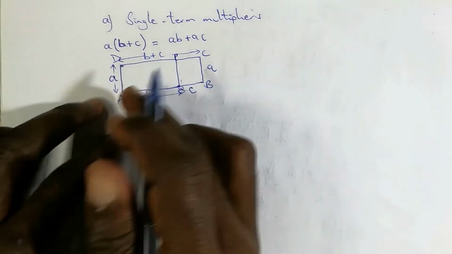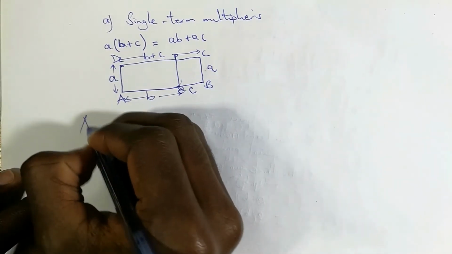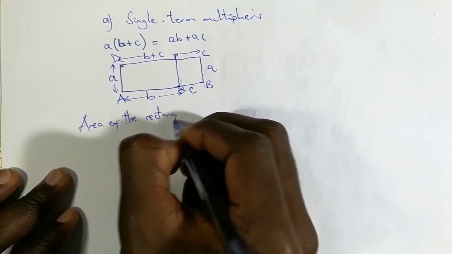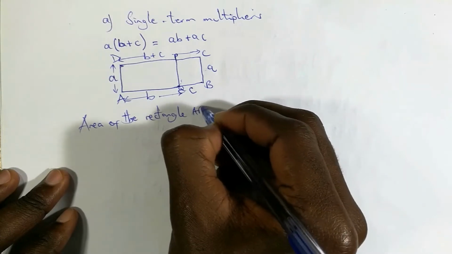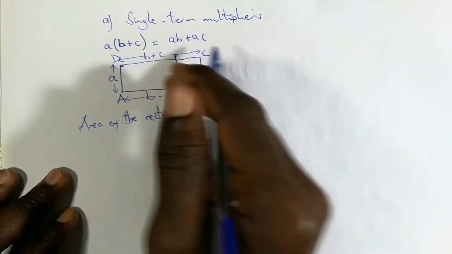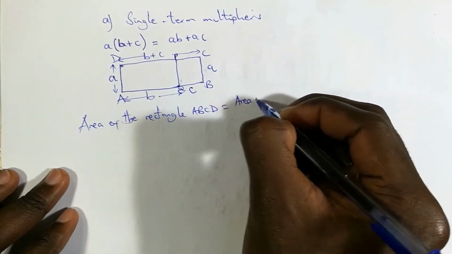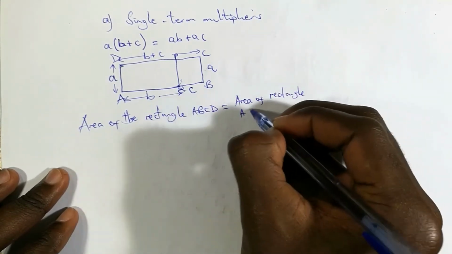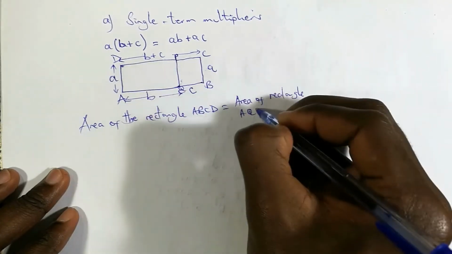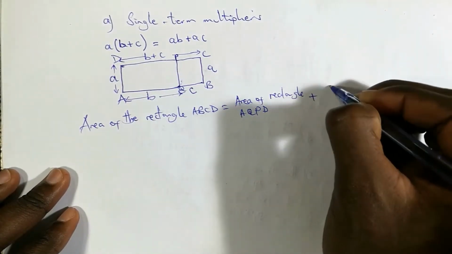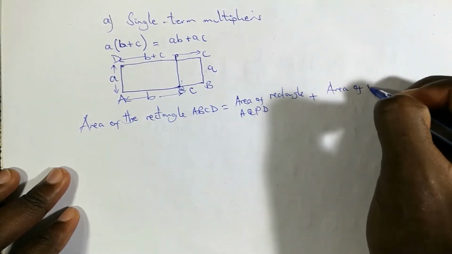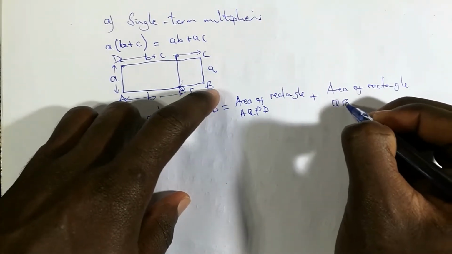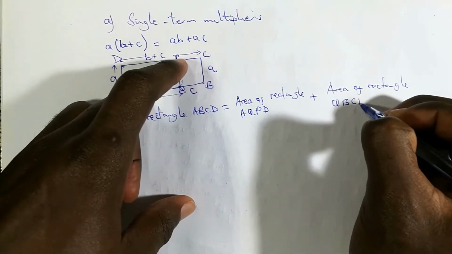Now what we are going to check on, we see that the area of the rectangle ABCD is going to be given by the area of rectangle AQPD plus the area of rectangle QBCP.